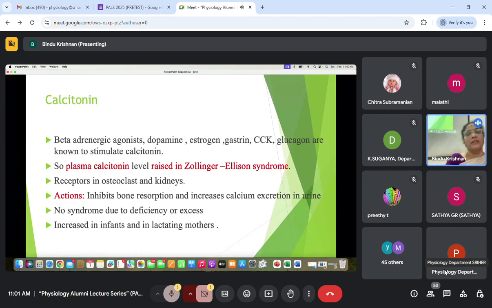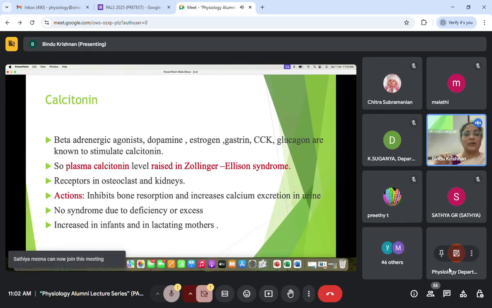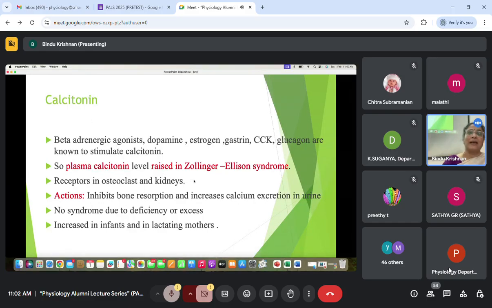There are certain other factors which help in stimulating calcitonin. One is beta adrenergic agonists, dopamine, estrogen, gastrin. Gastrin secretion causing a release of calcitonin is important because in Zollinger-Ellison syndrome, we always observe a raise in plasma concentration of calcitonin, right? And receptors, as I told you, are there in the osteoclast and in the kidney.